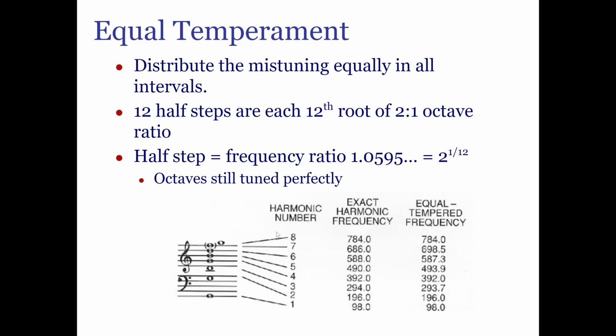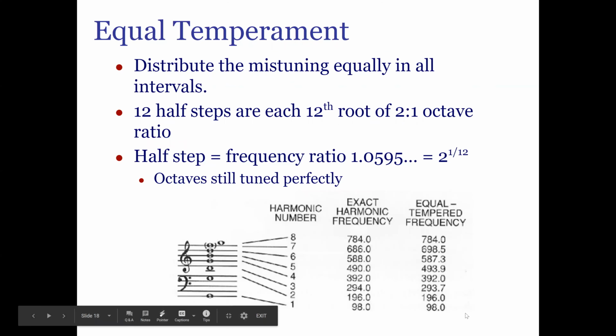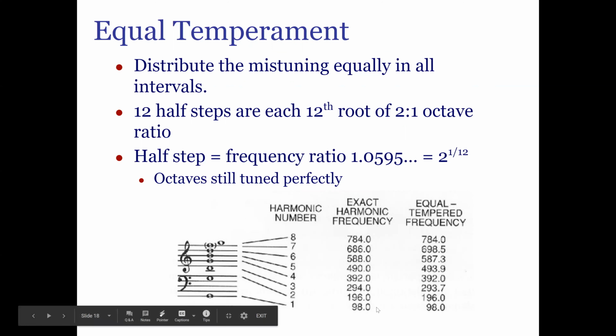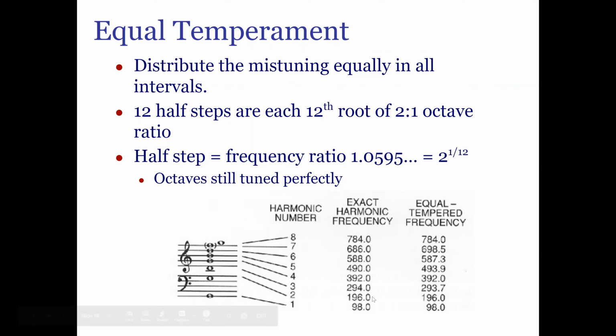So this particular one, they're showing what we end up with if we are dealing with harmonics. A bass harmonic of 98 hertz, which I'm pretty sure is a G. So we start there, we go up an octave. That is 2-to-1 exactly. That's great.